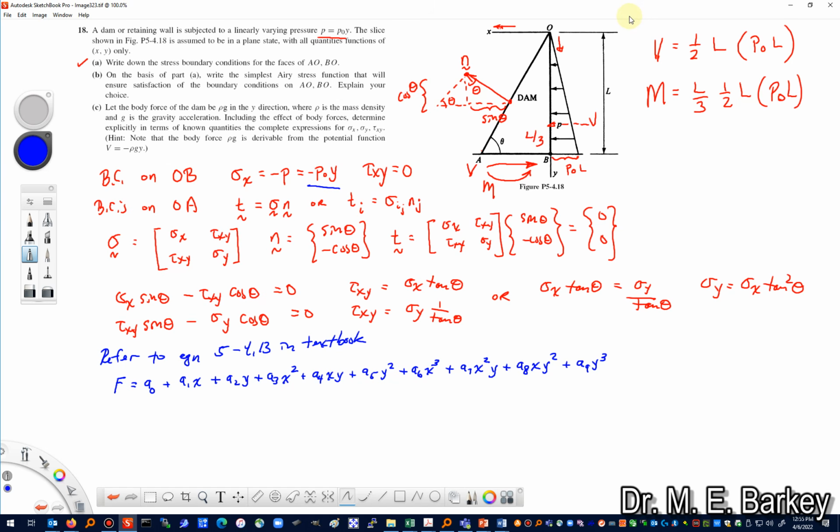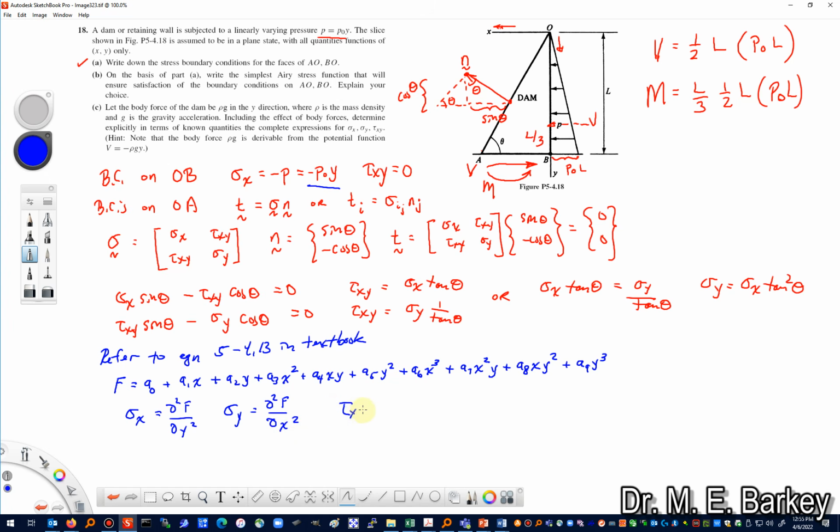Alright, now the other bit of information that we need are our relationships among the stress components in the Airy stress function. So if you remember, sigma x is equal to the second partial of f with respect to y twice. Sigma y is equal to the second partial of f with respect to x twice.